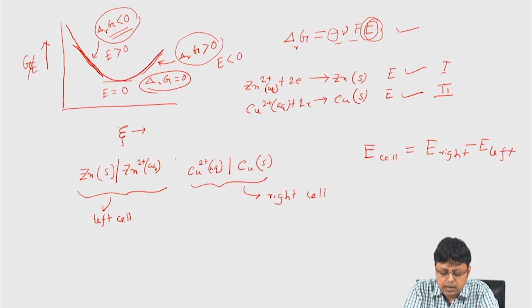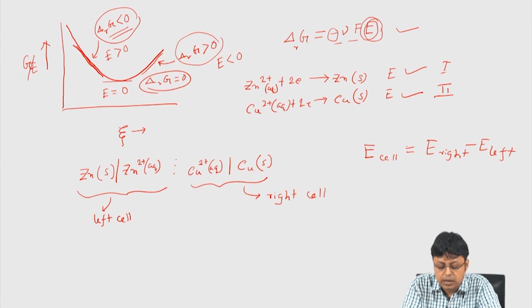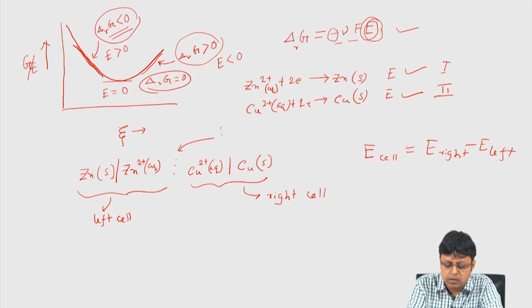We already said that there could be a porous material which creates a liquid junction potential. In this case, if it is a liquid junction potential, we denote it by vertical dots.